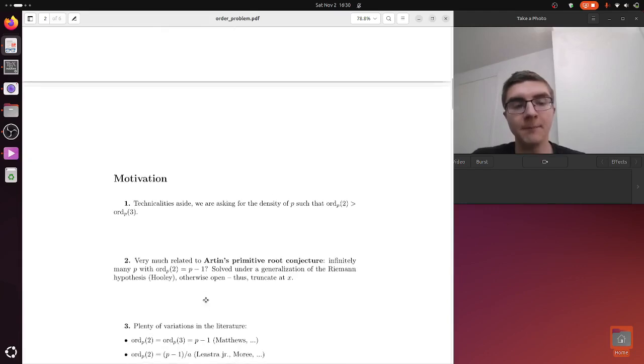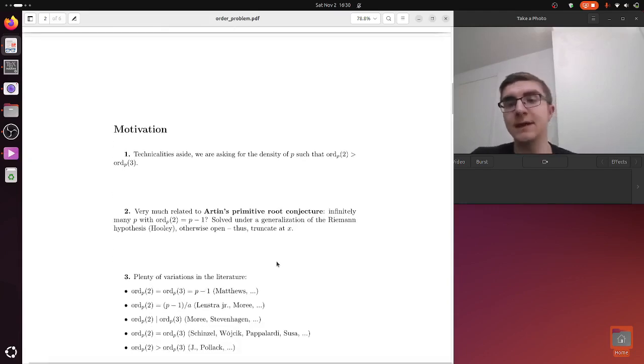Now, first of all, the truncation is a technicality, and what we're essentially asking for is the density of primes p such that the order of 2 modulo p is greater than the order of 3 modulo p. This problem is very much related to the famous Artin's primitive root conjecture, which asks whether there are infinitely many primes p such that 2 is a primitive root modulo p.